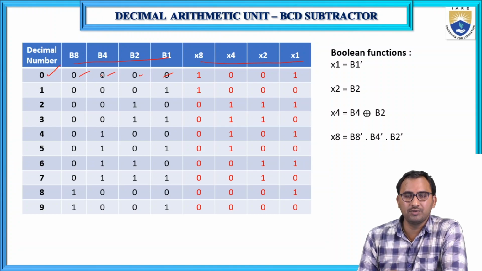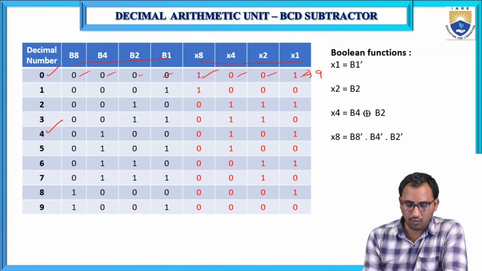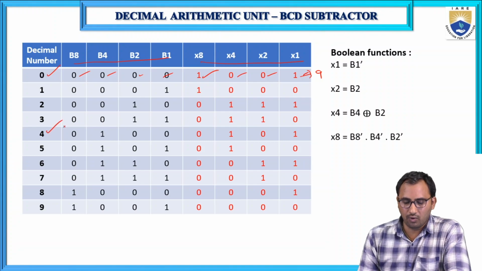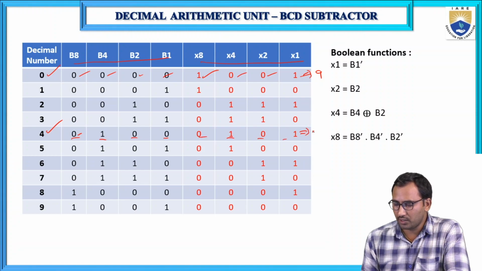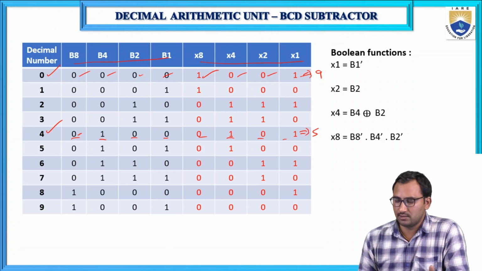What is the 9's complement of 0? 9 minus 0 is 9, so 1, 0, 0, 1. This corresponds to 9. Suppose you consider 4, which is represented as 0, 1, 0, 0. What is the 9's complement of 4? 9 minus 4 is 5, so 0, 1, 0, 1. It corresponds to 5. In this way we can find all the 9's complements.